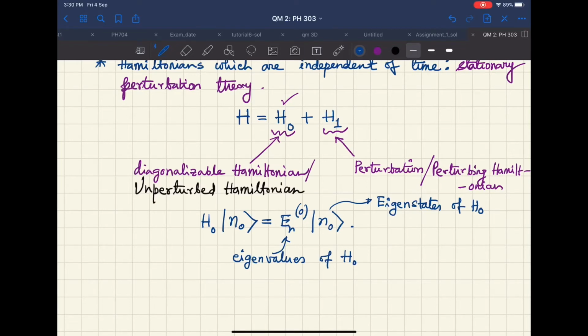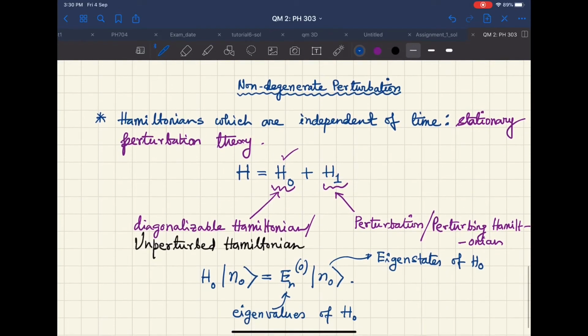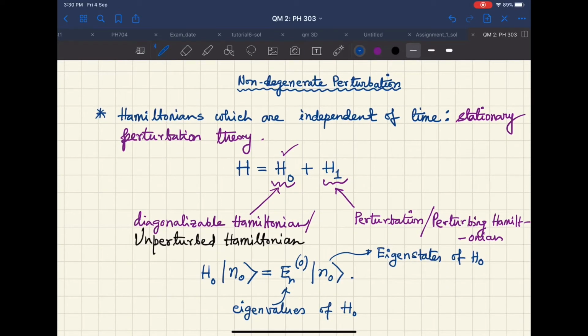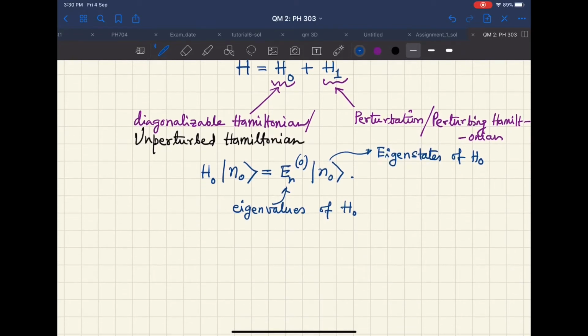This 0 implies that everywhere we have written 0, in superscript or subscript, it corresponds to the unperturbed Hamiltonian. It does not mean anything else. Now we have also said that we are discussing non-degenerate perturbation. That means corresponding to each state n or n0, we have a single value of the energy.